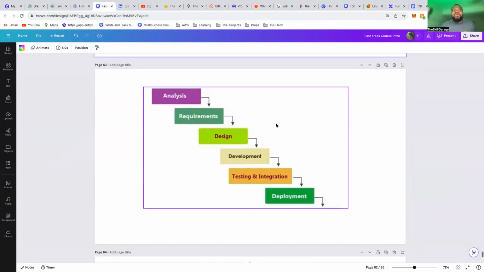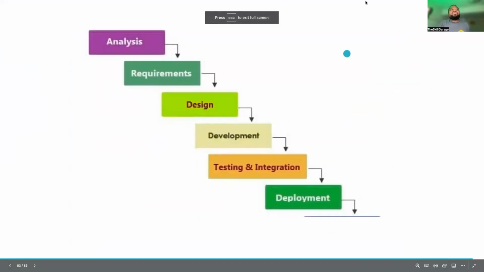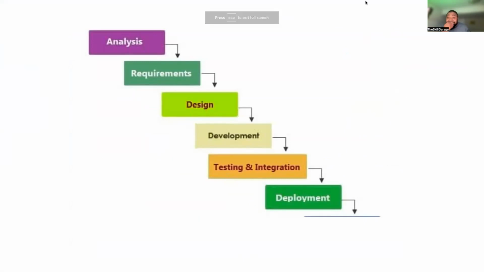So in Waterfall, you have to do analysis first. After you have done your requirement analysis and everything is done for everything, you will now move to the next stage.